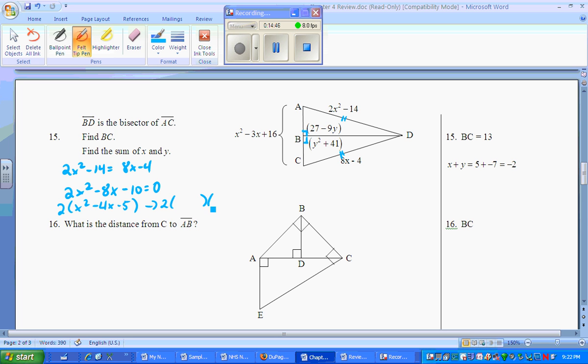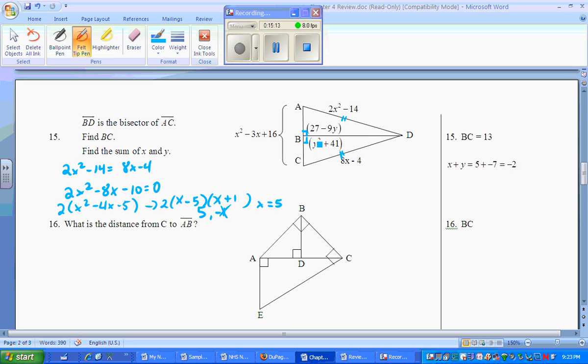It's got a leading coefficient of 1, so x and x. Multiplies to negative 5 but adds to negative 4: negative 5, positive 1. So the answers are 5 and negative 1 for x. If I try to plug in -1 here, I get a negative answer, so x ends up equaling 5.